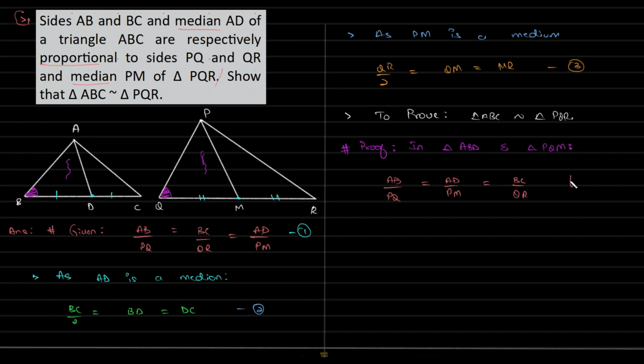This is from 1. Now, if I somehow prove that BD by QM is equal to all of this, it has to do with something with BC and QR.